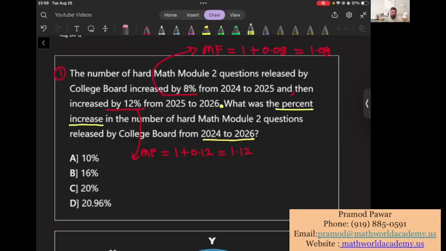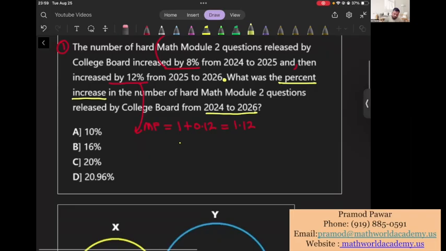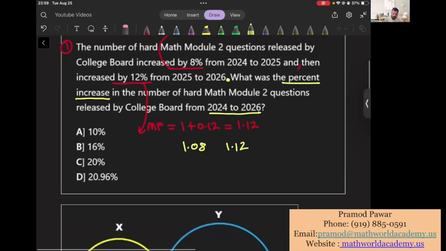And the way we combine both the changes is by multiplying those multiplication factors. The first change was 1.08. Then the second change was 1.12. So if you multiply that, you will get the total change.